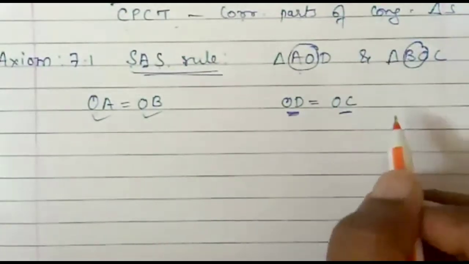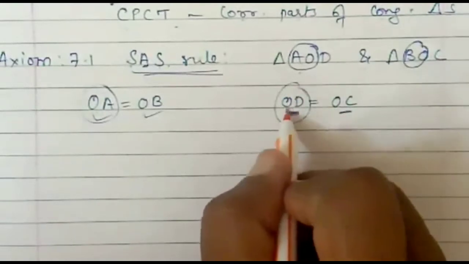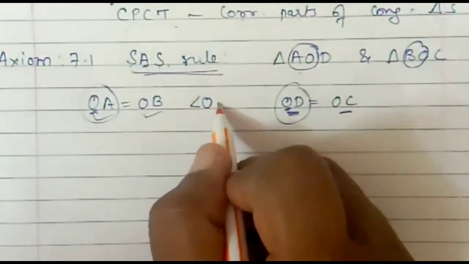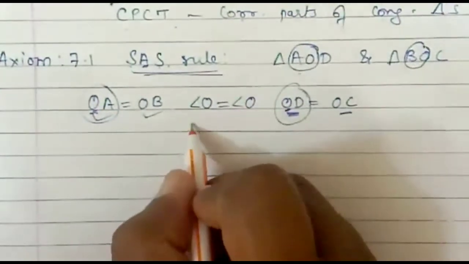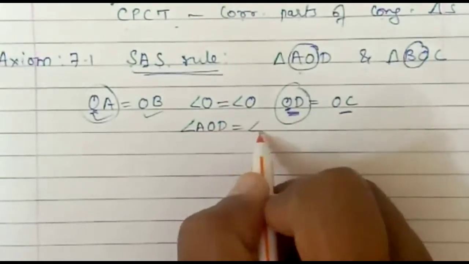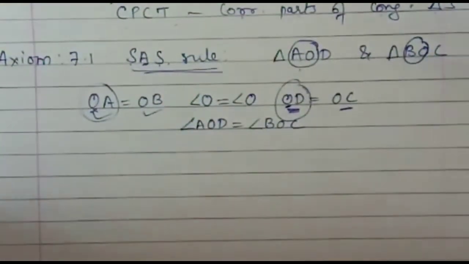Similarly, OD and OC are equal, right? Now you can see OA and OD, which letter is common? O. So angle O is the included angle. So we can say angle AOD is equal to angle BOC or COB. That is one and the same.